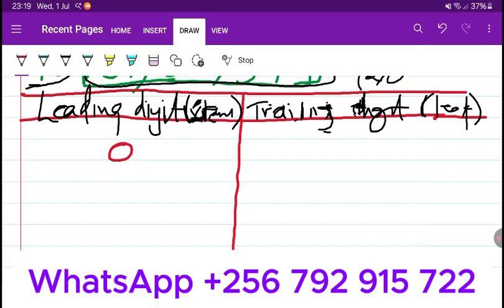That is a 0. Remember, we are moving in an ascending order. 0, 1, 2, 3, 4, 5, because they are ending at 5.